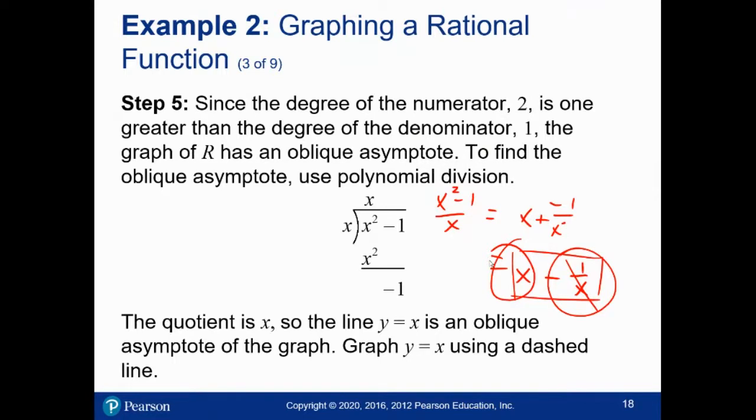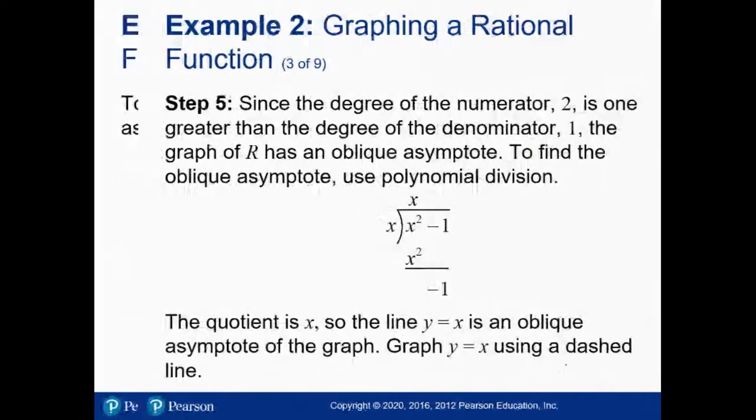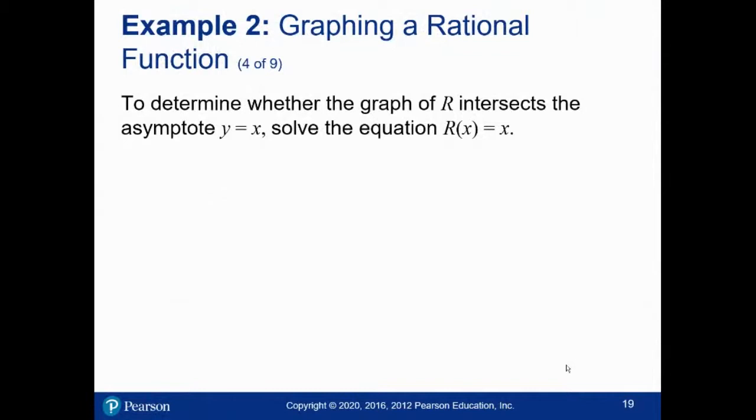Use a dashed line for vertical and horizontal and slant asymptotes. So we would go ahead and graph that as a dashed line. Then whenever you have a horizontal or a slant asymptote, ask, do I intercept it? So does my original function, x squared minus 1 over x, ever equal the slant asymptote of x?